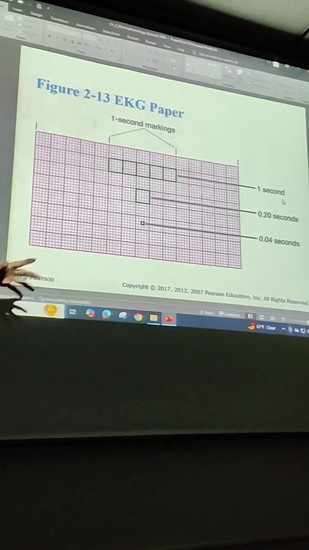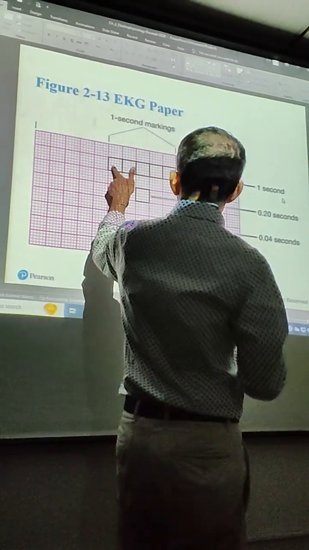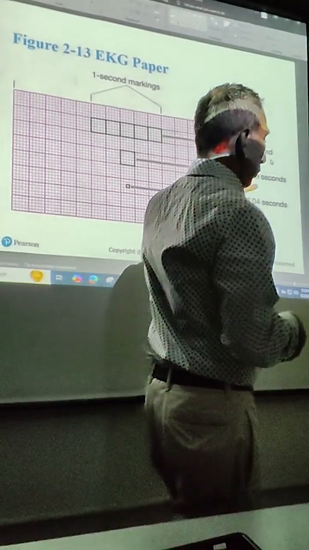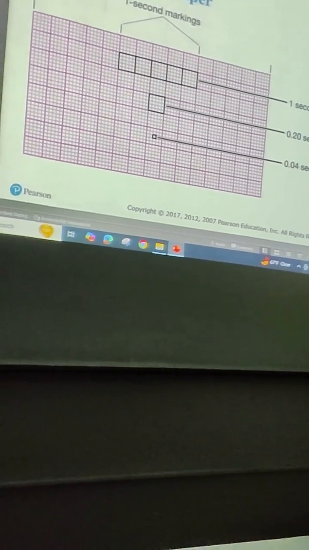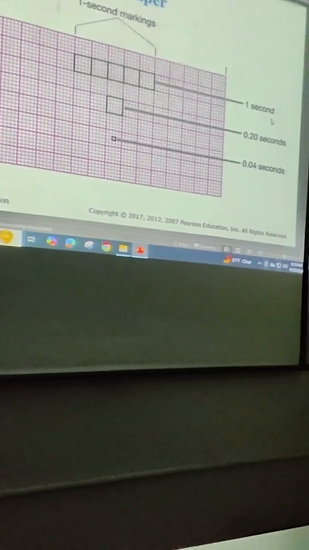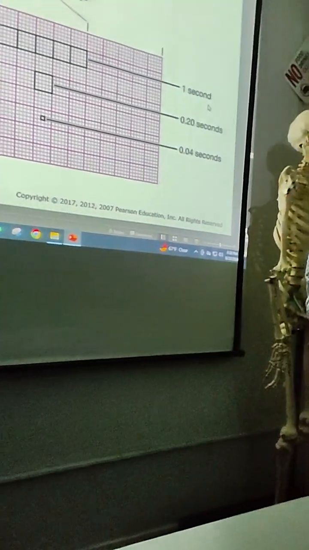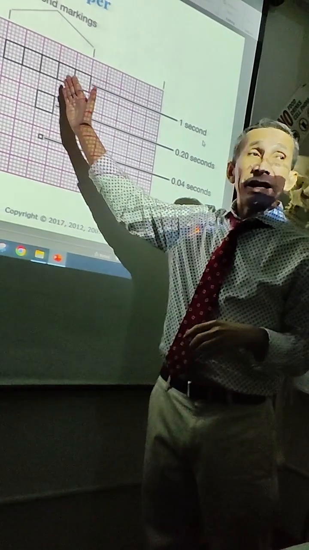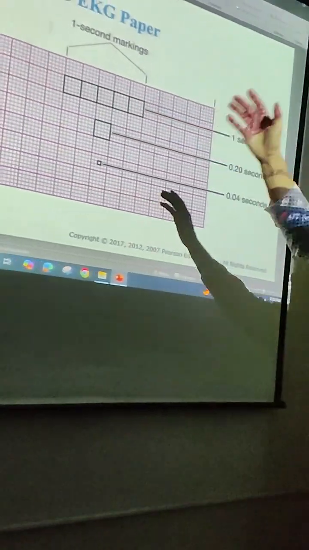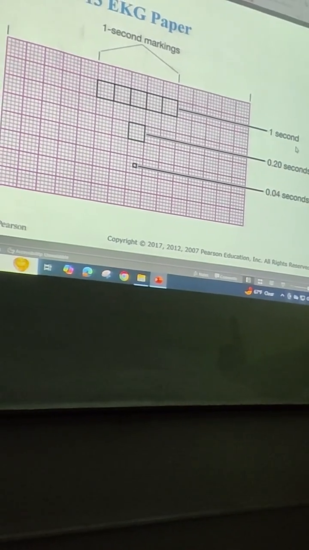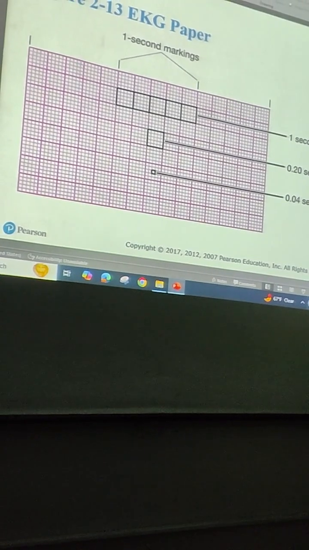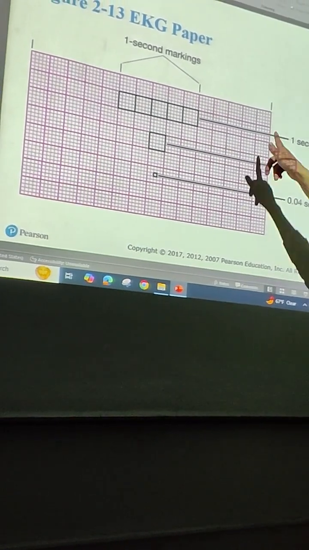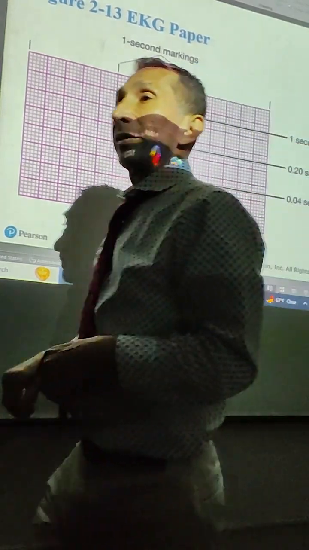Now, if we have all these, it says 1, 2, 3, 4, 5, that would be 1 second. Now, why is this important? Because we are going to use a method that is called the 6 second strip EKG. So every 5 big blocks is 1 second. So how many seconds do we have in the entire strip right here? 1, 2, and 3.